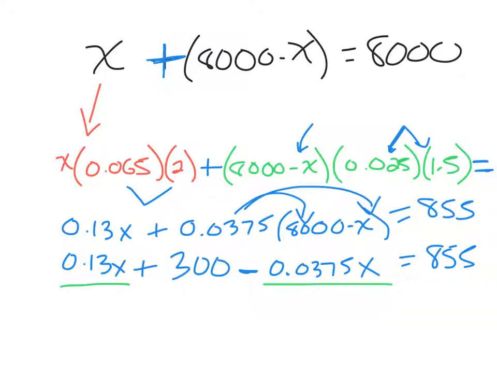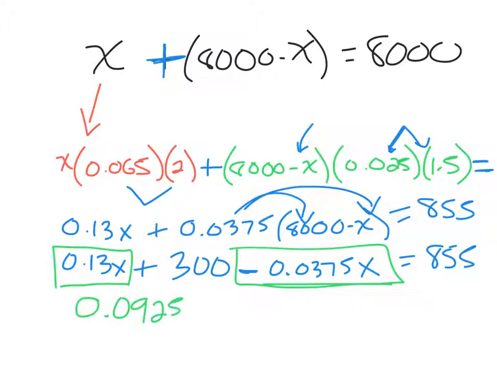When I put those two together, we can look at it as 0.13 minus 0.0375, and that gives us, and I'll write it here in green, 0.0925x is equal to, oh, I'm sorry, I forgot to put plus 300. Don't leave that out. Plus 300 is equal to 855.